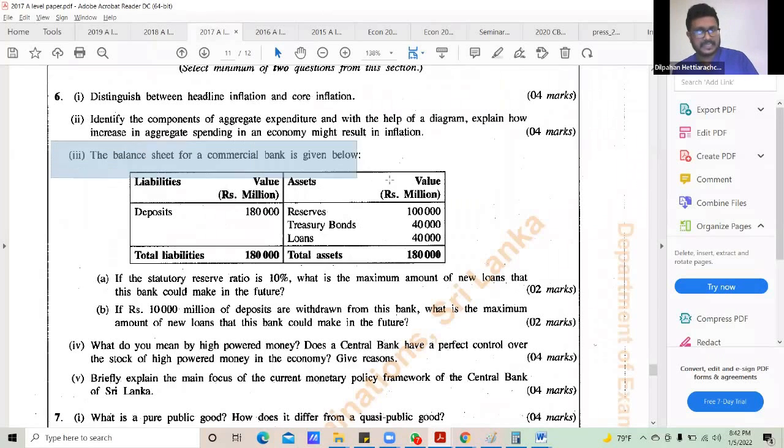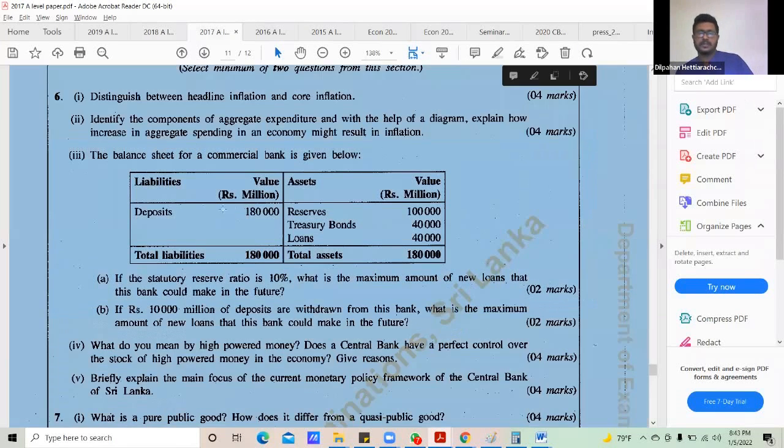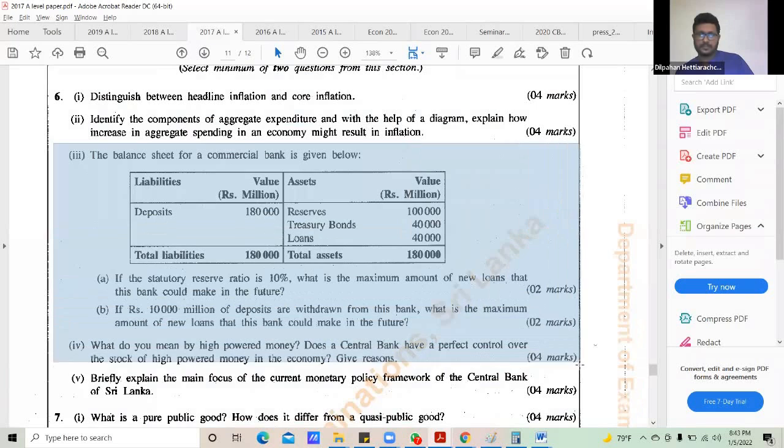So take like 30 seconds and read the available information in this question. Then we'll do this calculation.